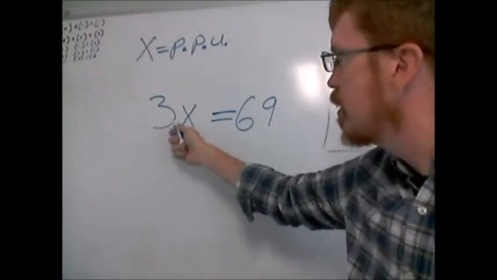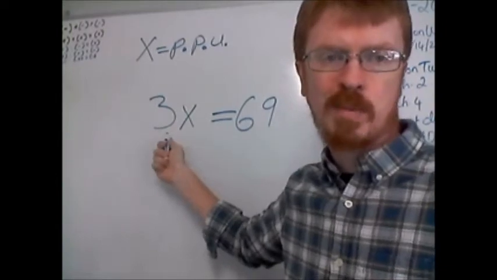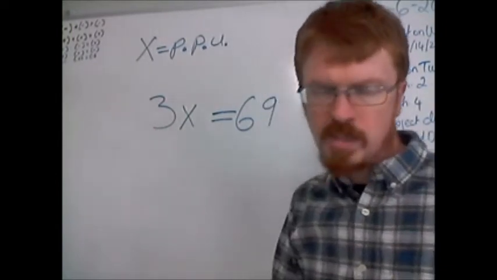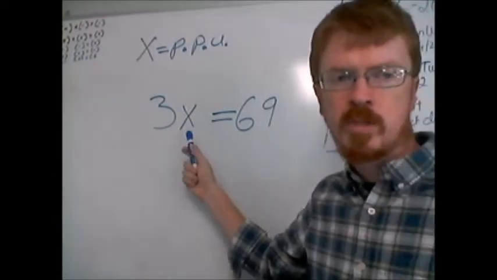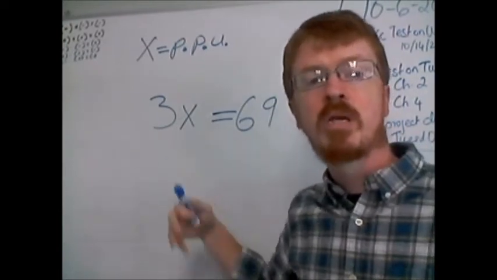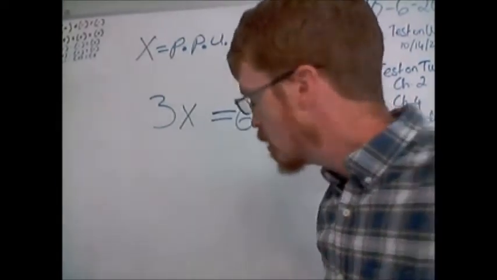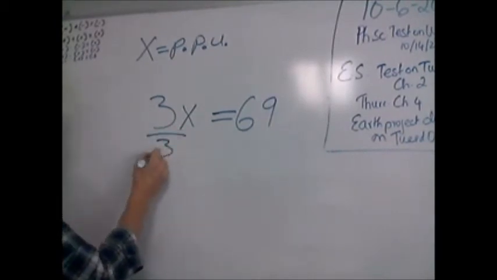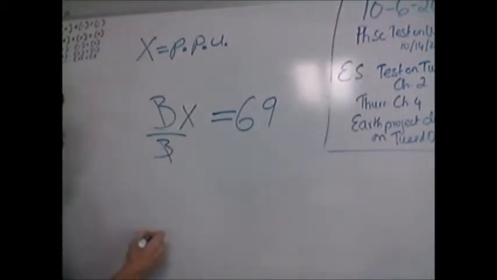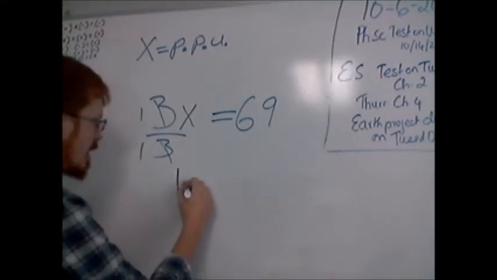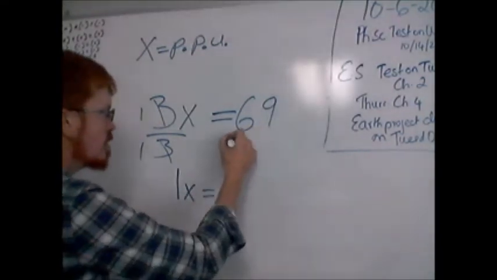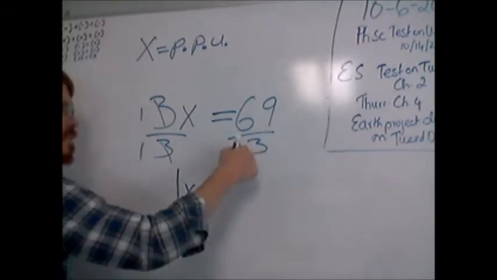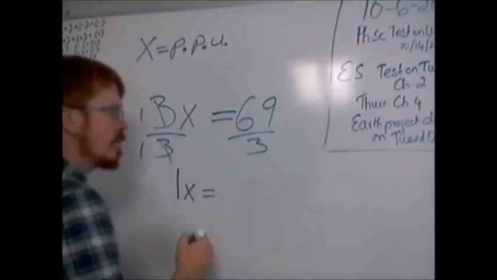Now here, this mathematical procedure is multiplication. So what we need to do is undo the multiplication. How do you undo multiplication? Undo with division. So 3 times x, you do 3 divided by 3. That cancels it out because they both become 1. So you have 1x equals, and we have to do it over here, 69 divided by 3.